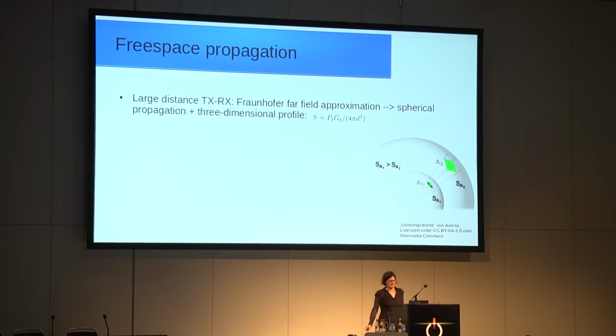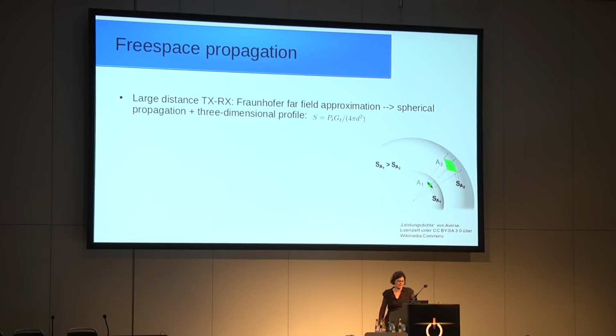We can divide the propagation: the area on a sphere grows. So here we get a small area, and then if we move farther away from our transmitting antenna in the middle, the area on the sphere grows proportional to the square of the distance.